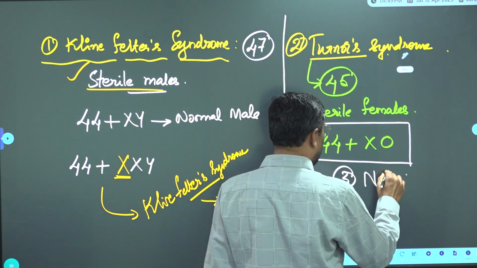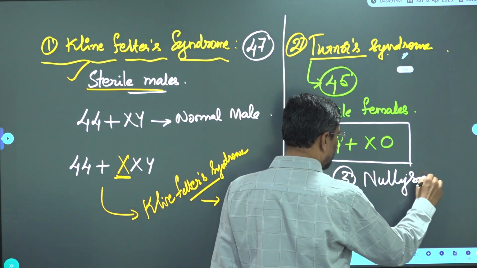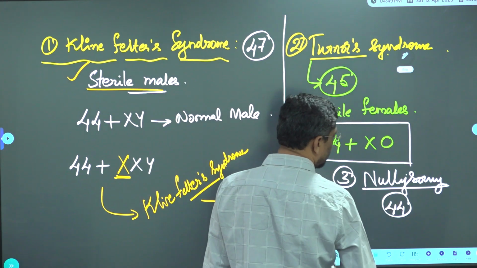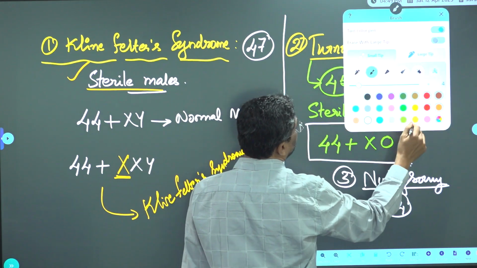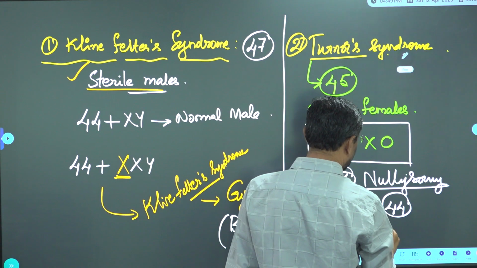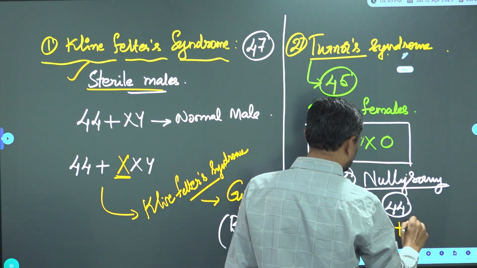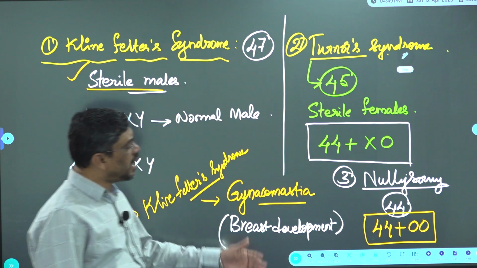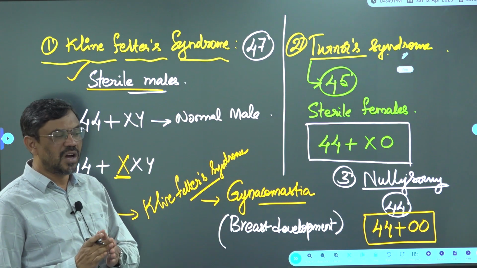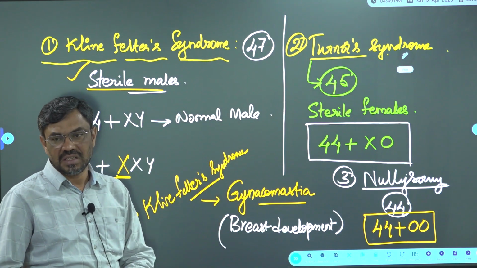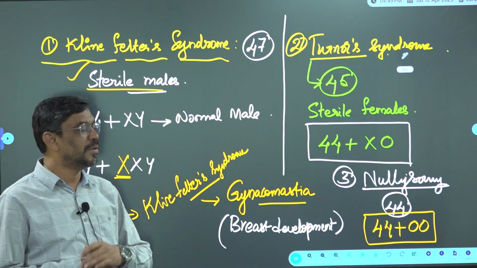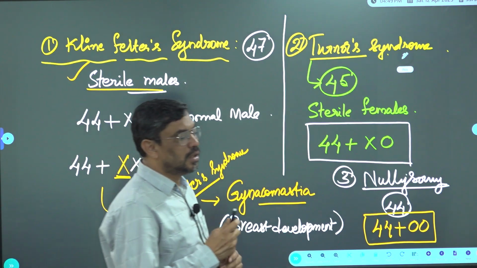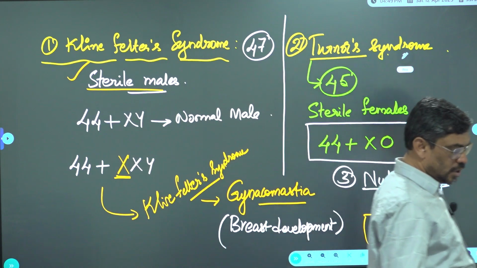Next, nullisomy. Just to remember the genotype: in nullisomy, they have 44 chromosomes. The genotype here is 44 plus 00. So these may be males or females, but they have rudimentary sex organs. They are all impotent. Nullisomy, 44 plus 00.